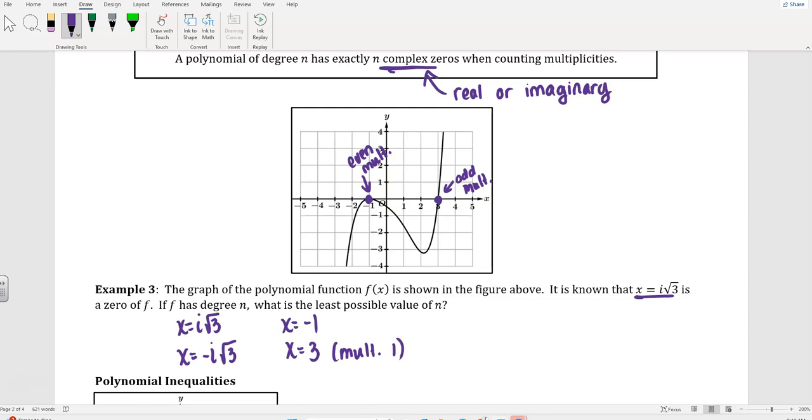They're not going to ask you for the highest possible degree because that would be infinite, right? And then at negative 1, I know I have to have an even multiplicity, so the lowest even number I can use is a multiplicity of 2. So I have 4 distinct zeros, but this one right here counts twice. So the least possible value of n is 5.